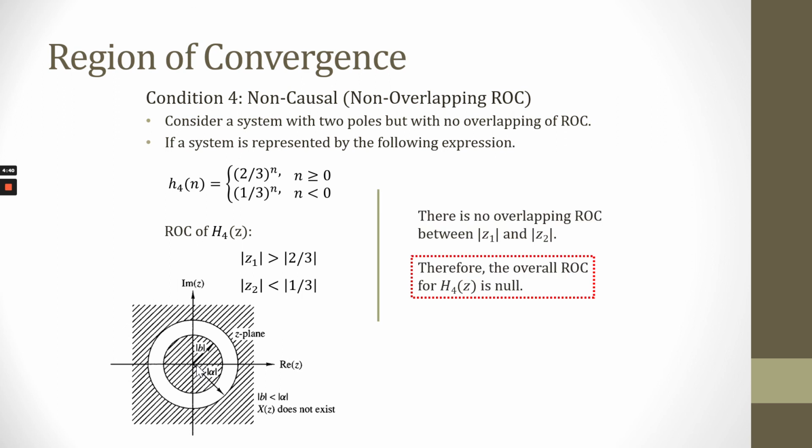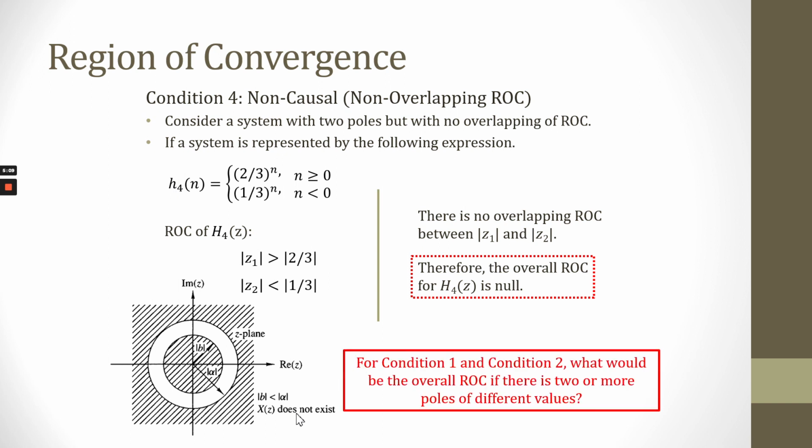So we can see that there is no overlapping ROC between Z1, the outside region, and Z2, the inside shaded region. Therefore, the overall ROC for signal h4 is null, or h4 does not exist. The Z transform for h4 does not exist.